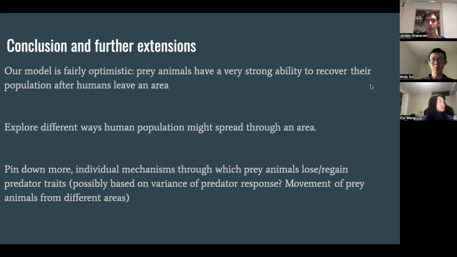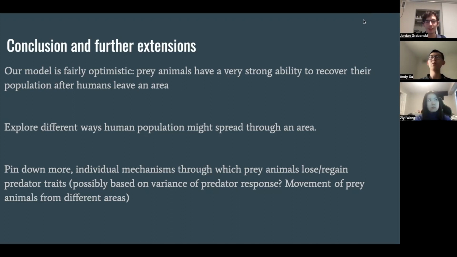And then some further extensions based on this model that we might take were to explore different ways that a human population might spread throughout an area. So just changing that initial advection diffusion assumption to maybe some other function of spreading throughout. And then one other further direction was to pin down more specific individual mechanisms through which prey animals lose and regain their predator traits.